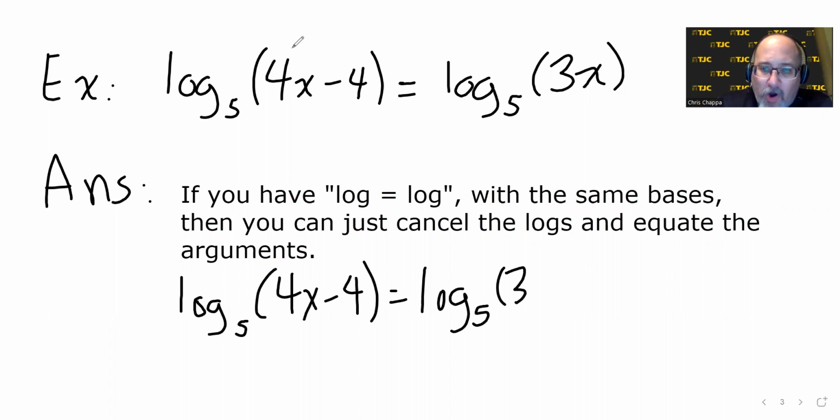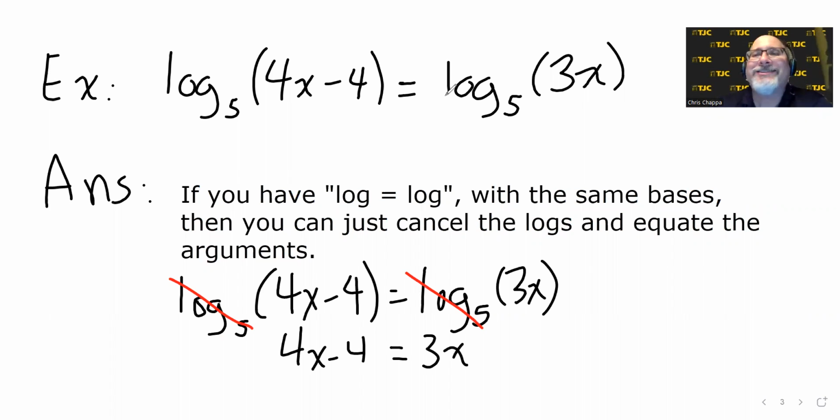And because I have one log equal to one log and the bases are the same, we can basically cancel the logs and continue solving. 4x minus 4 is equal to 3x. And again, I want to stress that this only works when you have exactly one log on the left and exactly one log on the right. Any deviation from that, and you cannot cancel the logs.